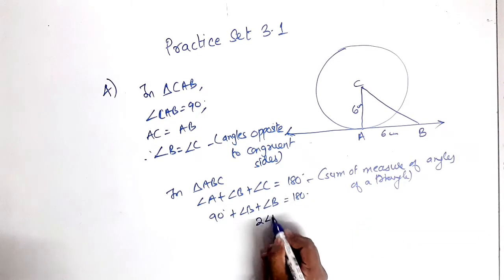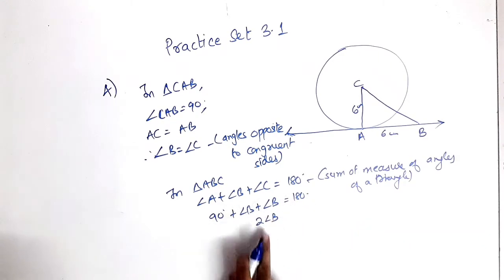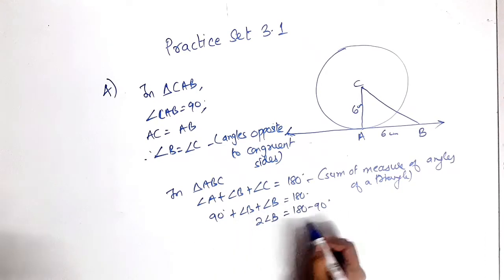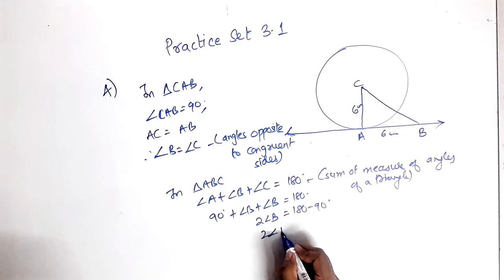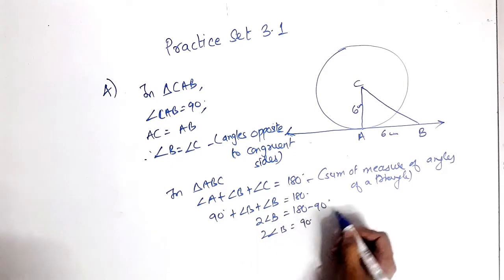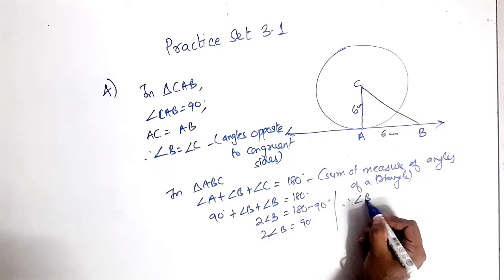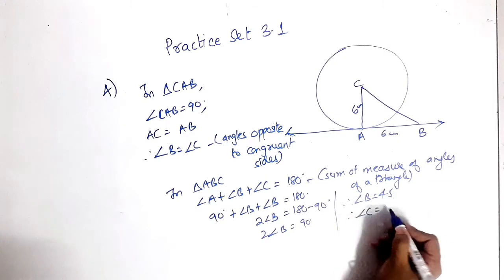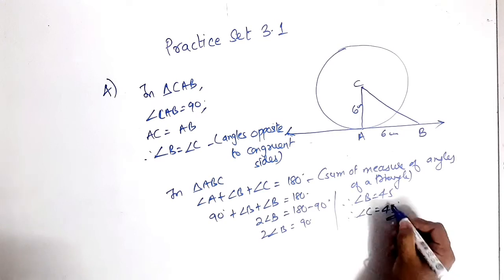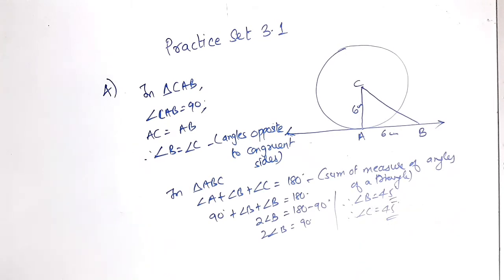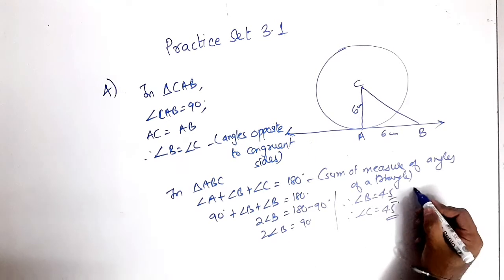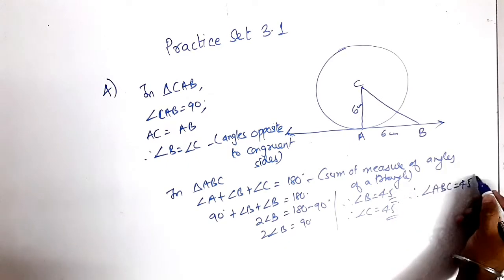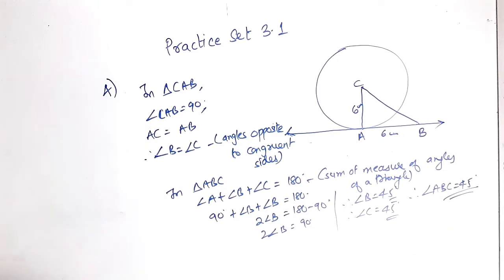So that I can write 2 angle B. Angle B plus angle B becomes 2 angle B. 180 minus 90, so 2 angle B is equal to 90 degree. Therefore angle B equals 45 degree. Therefore angle C is also 45 degree. Okay, so what they have asked is angle ABC. So I'll just write therefore angle ABC equals 45 degree. This is your final answer.